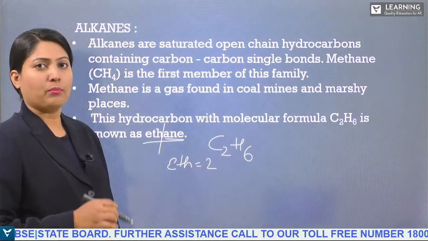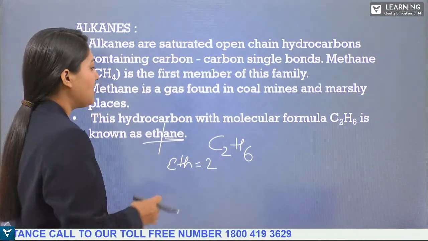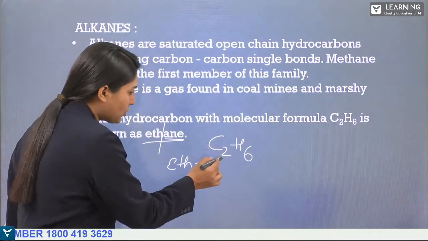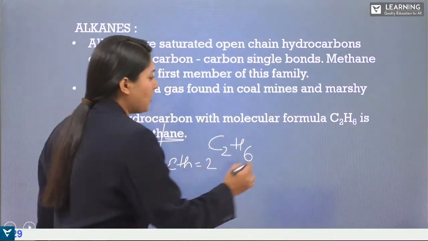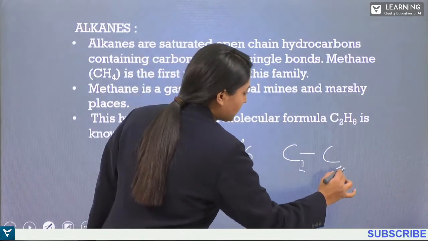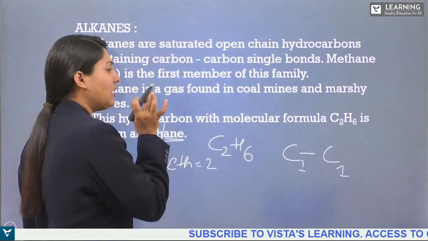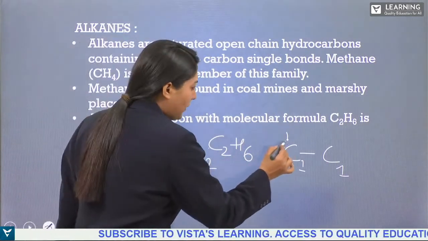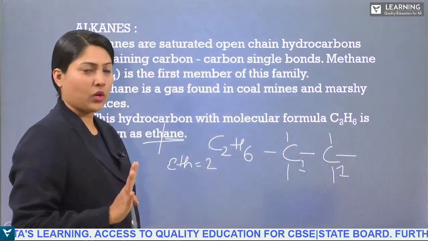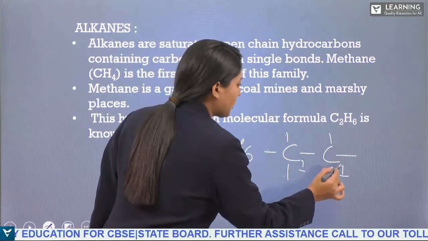Meth, eth, prop, but, pent. Likewise, we have the Greek numerals which we are giving here. You can see here in the molecular formula C2H6, that means 2 carbon atoms. One carbon atom is linked with the other carbon atom with a single bond. And how many bonds should each carbon atom contain? 4 bonds. So 1, 2, 3, 4. 1, 2, 3, 4.